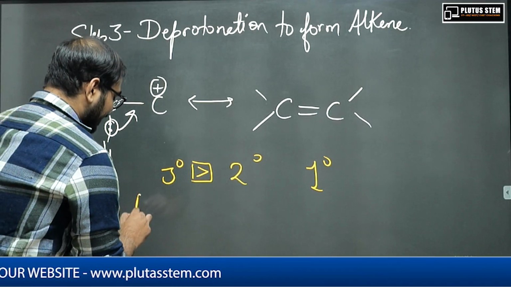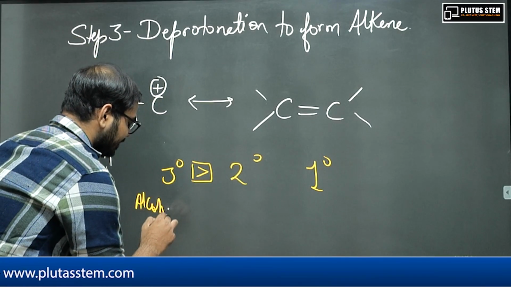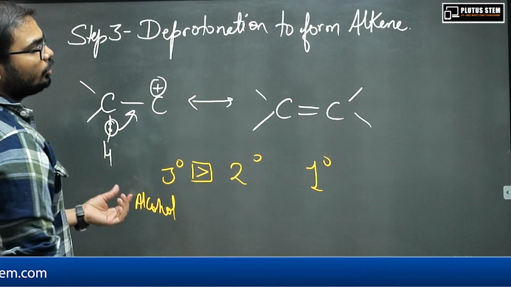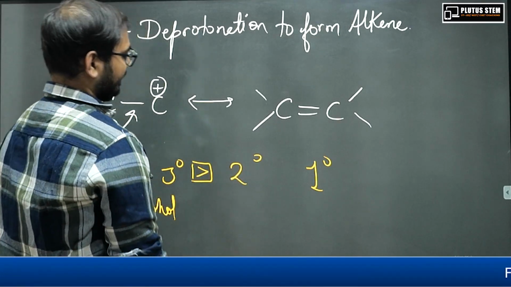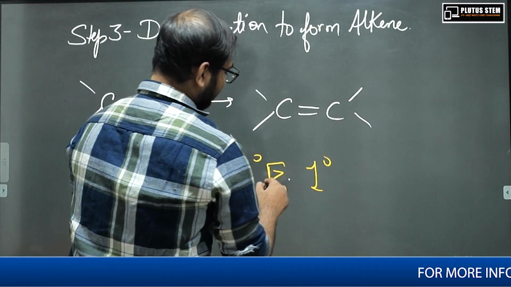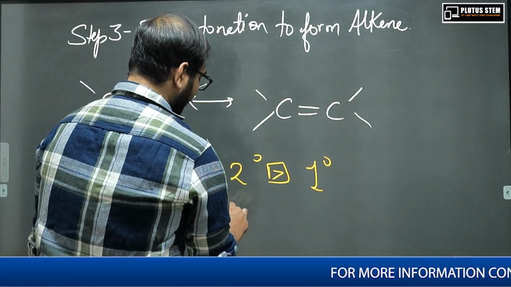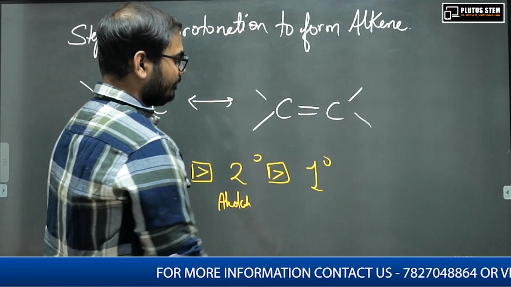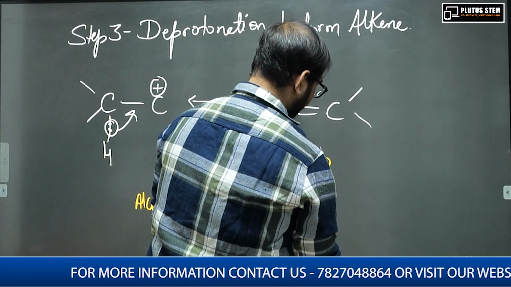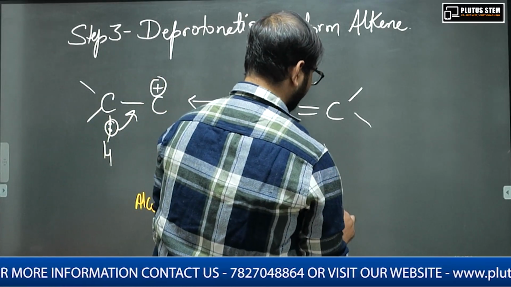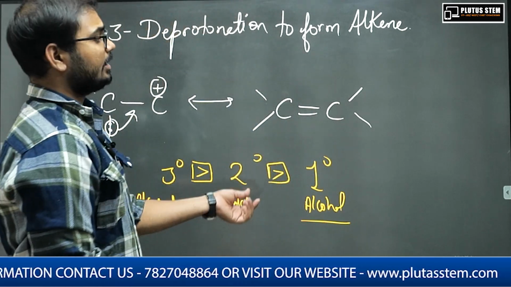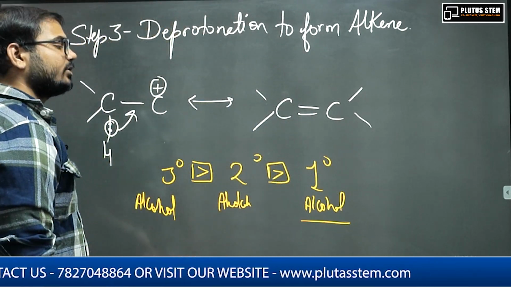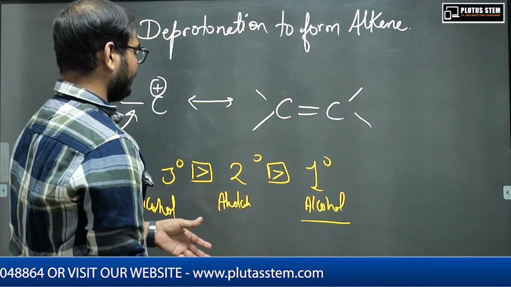So tertiary alcohols have the highest reaction rate towards dehydration to form alkene. Then it is the secondary alcohol which has the second highest rate, and at the very end it's our primary alcohol like ethanol, which has the slowest rate of reaction.